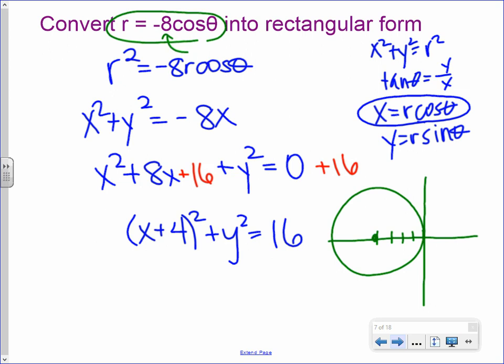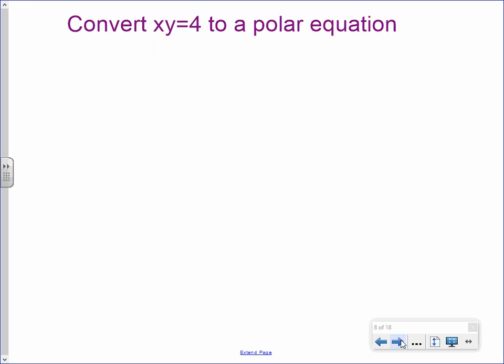All right, let's go the other way. Okay, how are we going to convert this to polar form? Do we know what x is in polar form? r cosine theta.